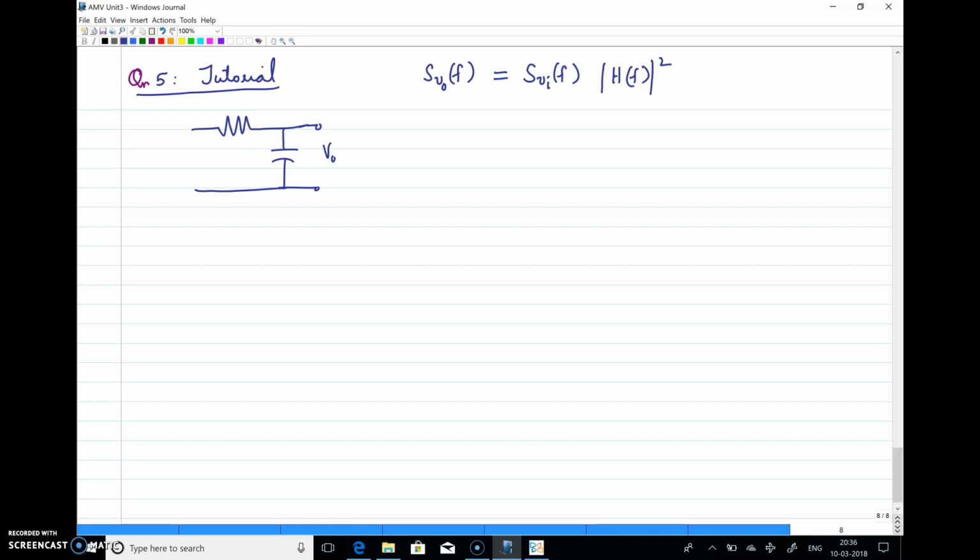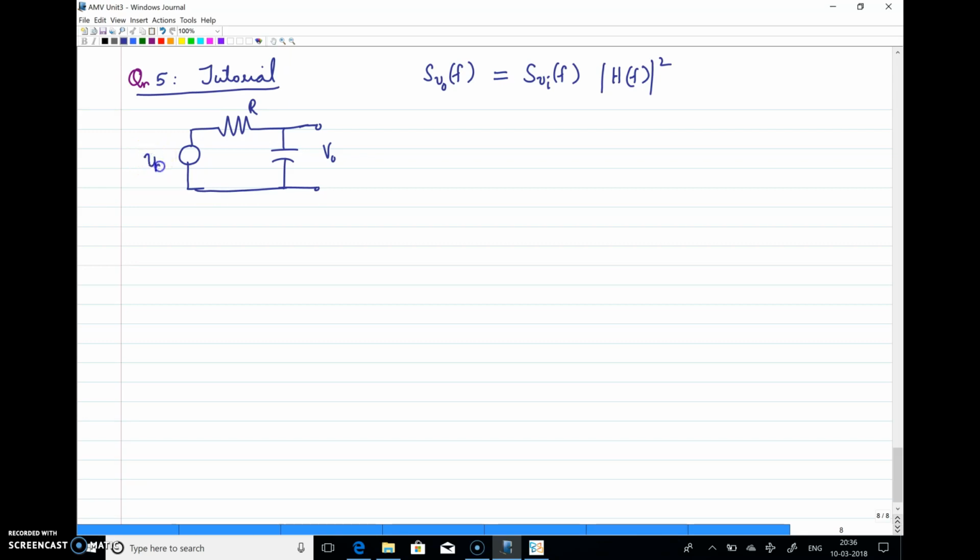Now if you look at the components in the circuit, one is a capacitor. We'll assume that it is noiseless, assuming it is ideal. Then you have a resistor R, which has some noise source, and we will represent that as a voltage source in series.